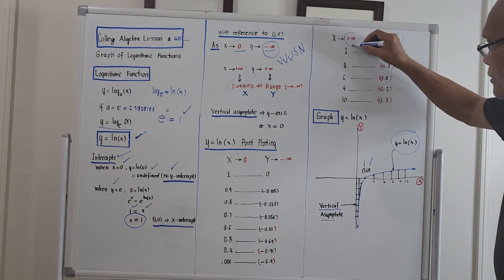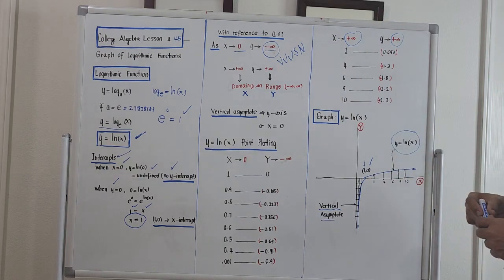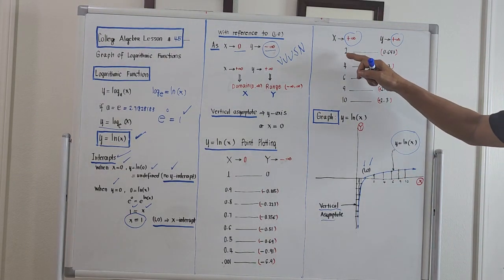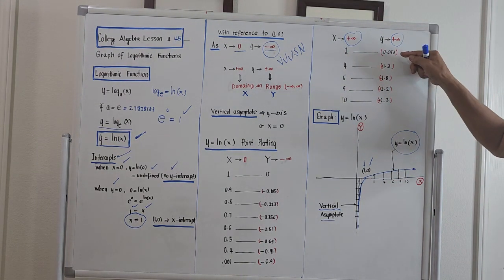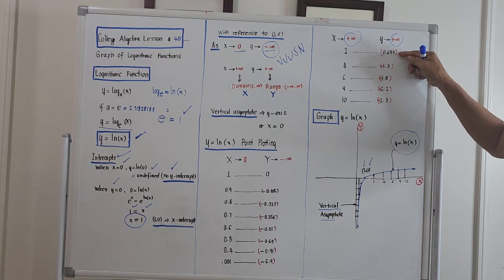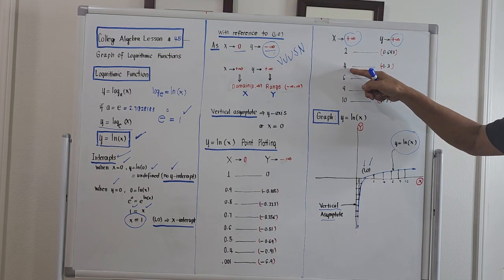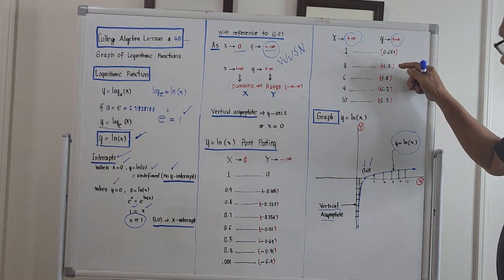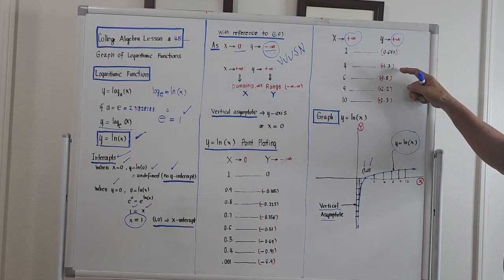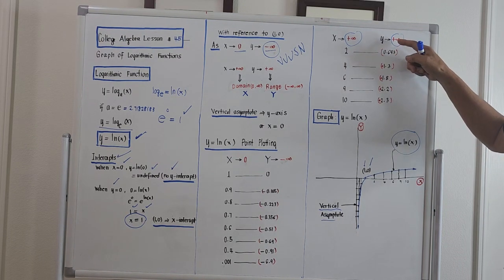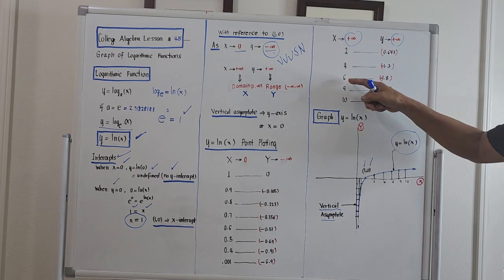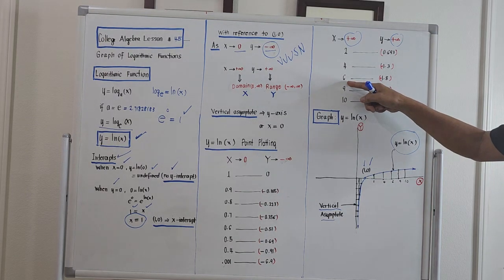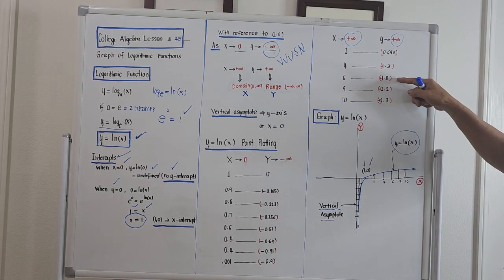But the variation is not so much. When x is equal to 2, the value of y is 0.693. When x is equal to 4, the value of y will be positive 1.3. When x is equal to 6, the value is positive 1.8.